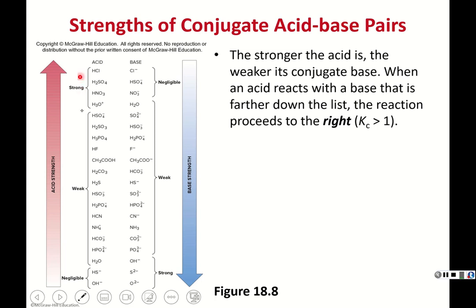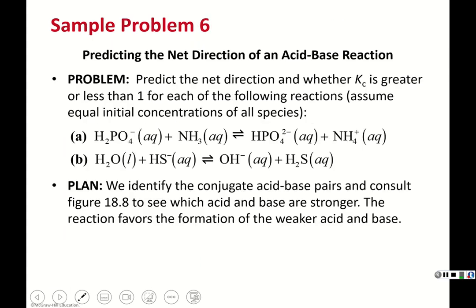So if you have an acid up here and a base that's further down here, that reaction is going to proceed towards products, because the conjugate acid that the base forms is going to be weaker than the acid you started with, and the conjugate base that you form from your acid will be weaker than the base that you're starting with. So you'd be favoring the production of weaker acids and weaker bases.